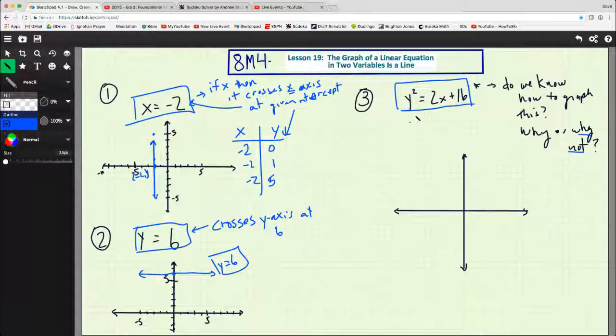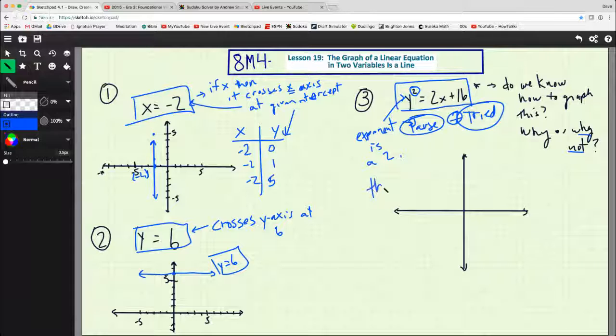Okay, so I assume you've paused and tried. So the answer is we have this problem here. This exponent is a 2.